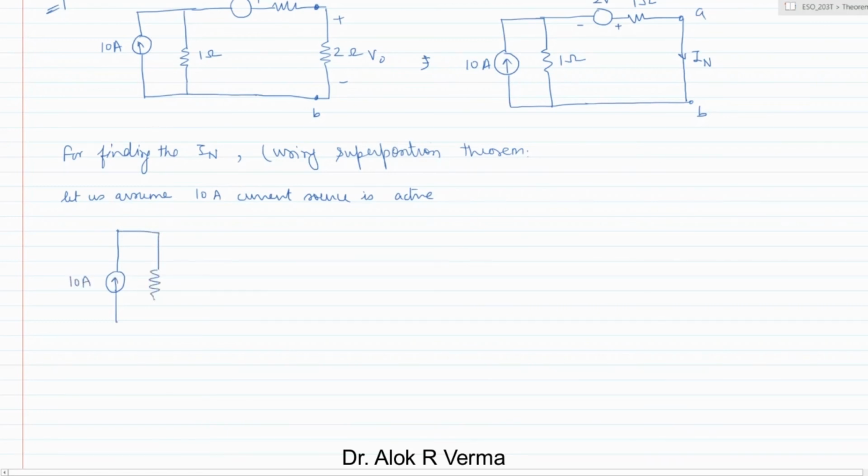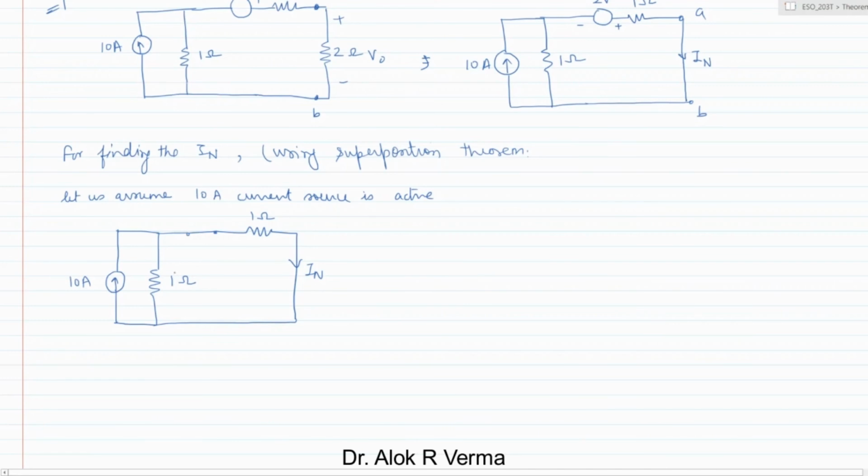Then we have a resistance, which will be replaced by the short circuit. And this is the equivalent circuit. So this is the IN, this is 1 ohm, and this is your 10 ampere.